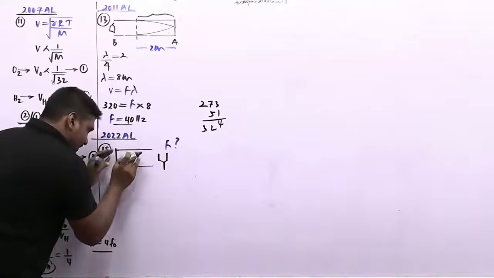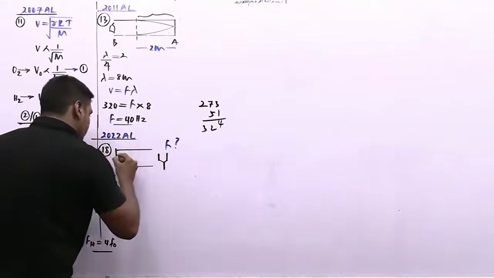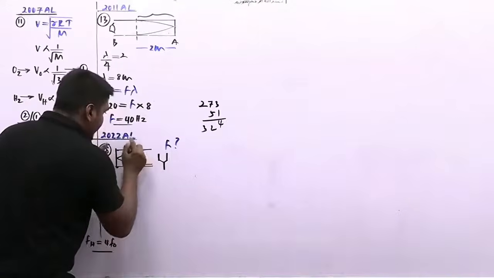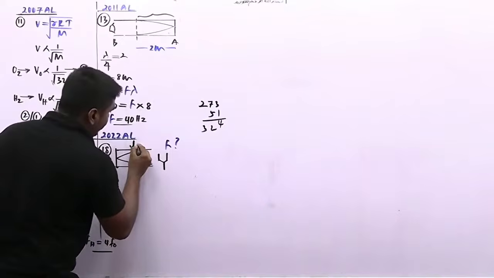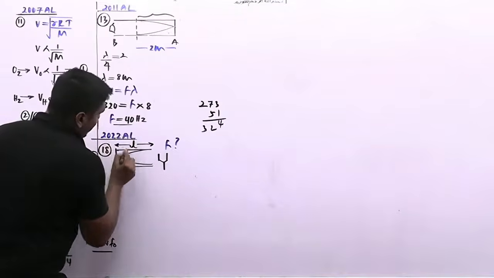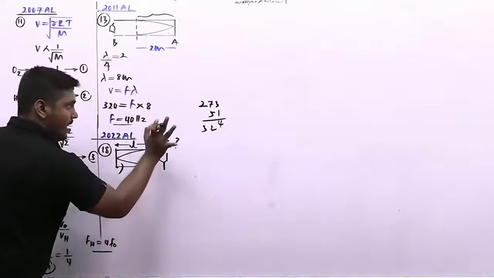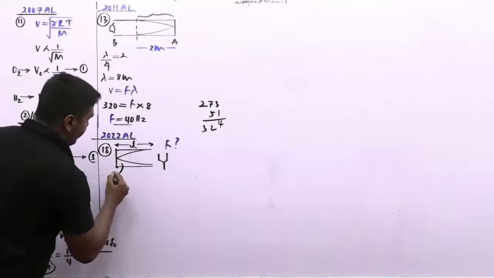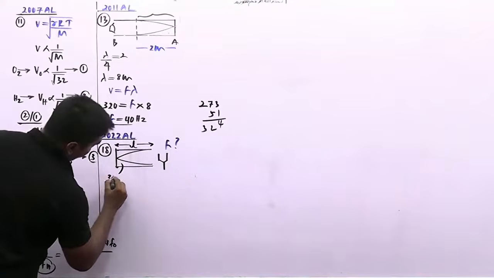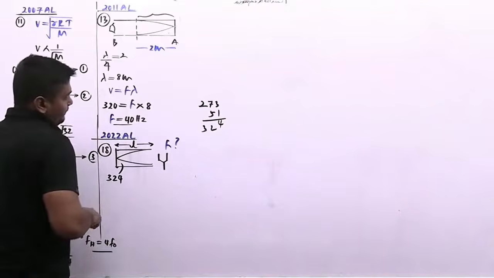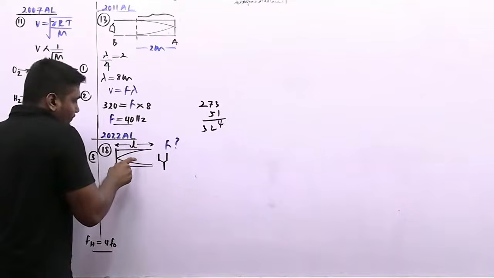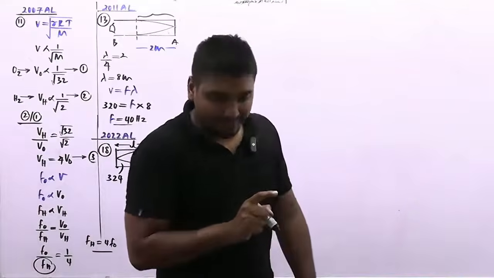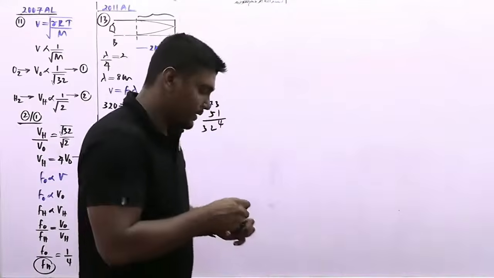Just think this air column vibrates under the fundamental frequency, in the same closed tube of the same length. The temperature is 324 Kelvin, and the beat frequency given is 4 hertz.